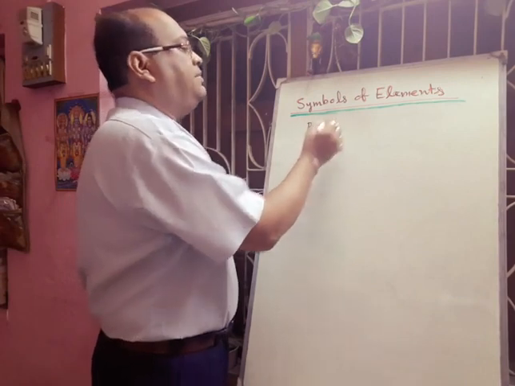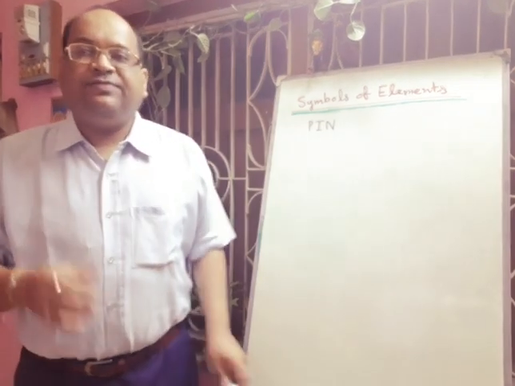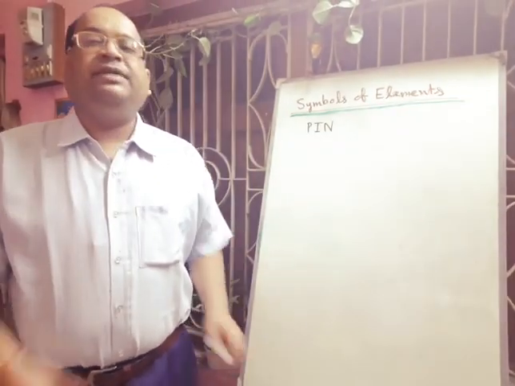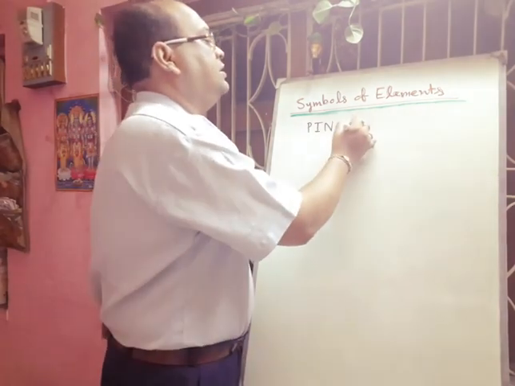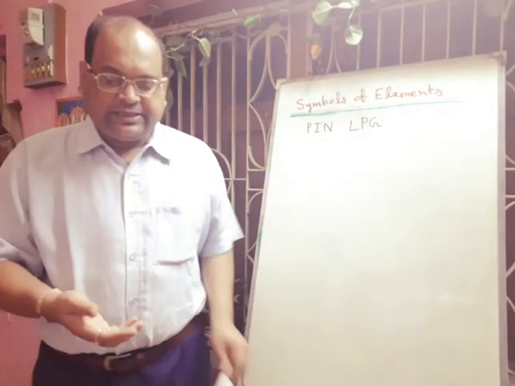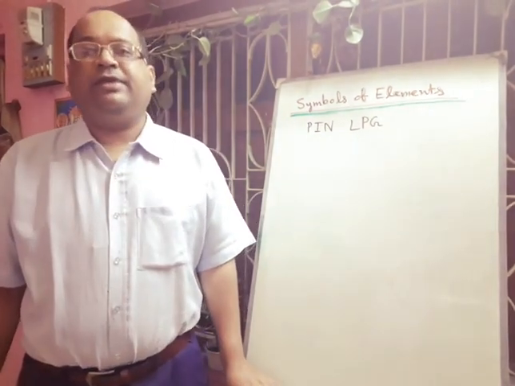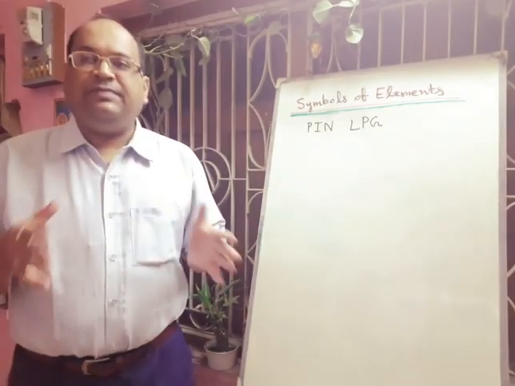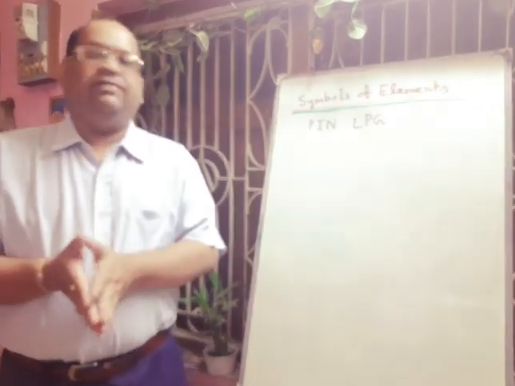So this is one abbreviation and its full name is postal index number. Sometimes we are using LPG. Already you read in the previous chapter that it is liquefied petroleum gas. So by using these symbols we are saving our time as well as labor.